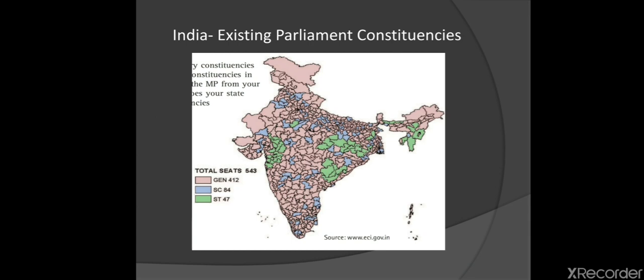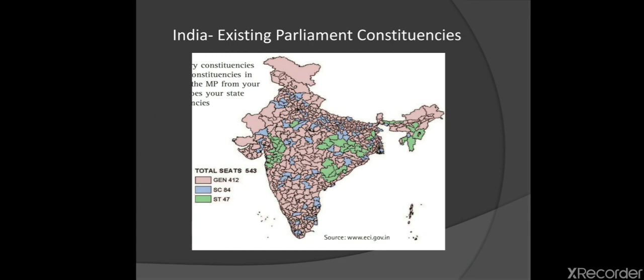Constituencies are the areas or groups of areas where the voters elect their representative and send them to the Parliament. So if you look at this map, there are 543 constituencies in total in India.